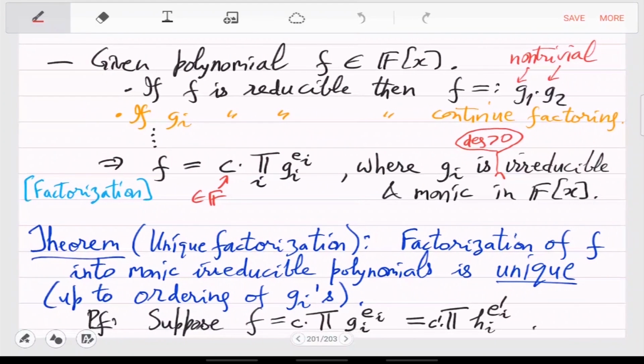Now let's go back to what we had shown, this unique factorization, or even in fact the factorization. Looking at this factorization, what can you say about the number of roots of f? How many roots can f have? If the degree of f is d, can it have d plus 1 roots? Why not?